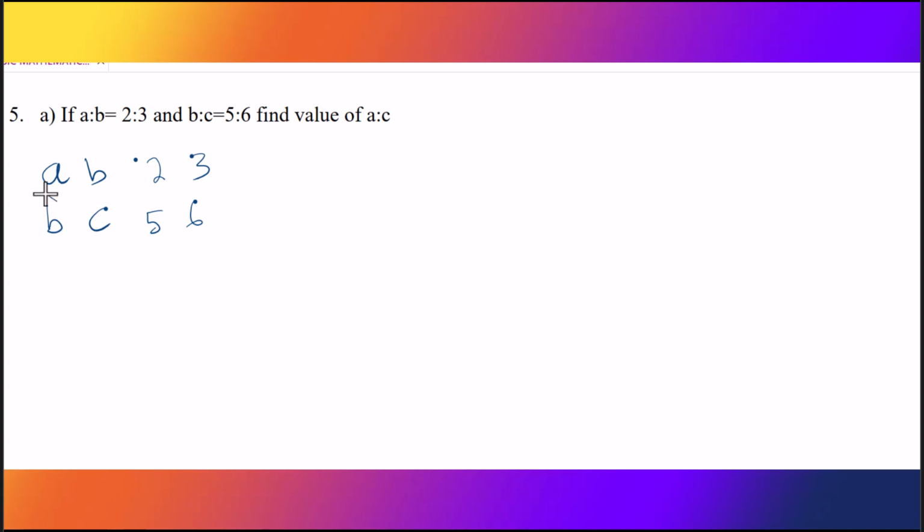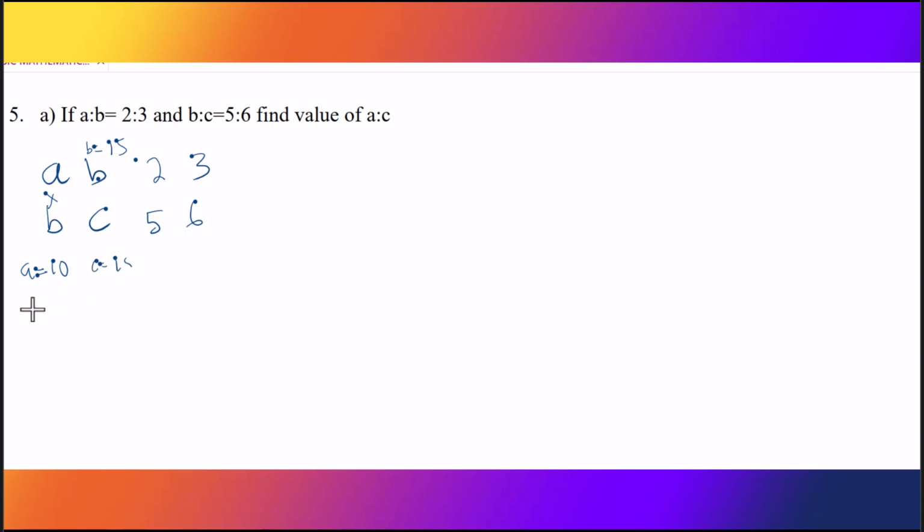You can multiply A by 5 to get A here, multiply B by 5 to get B, and multiply B by 6 to get C. Let us do that. A is 2 times 5, it is 10. B is 3 times 5, it is 15. Then 3 times 6, it is 18.